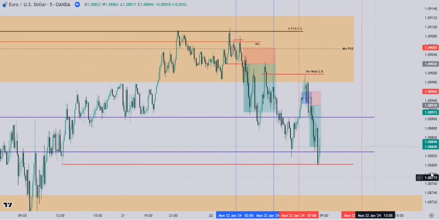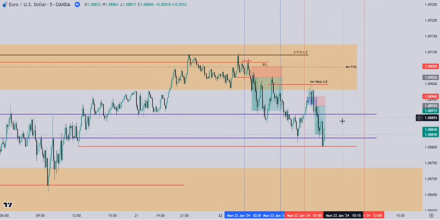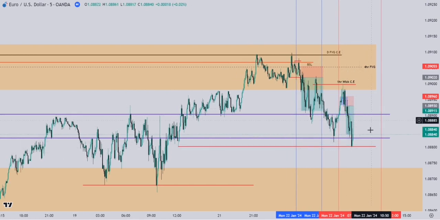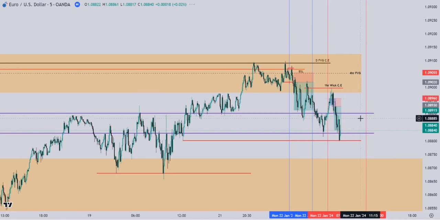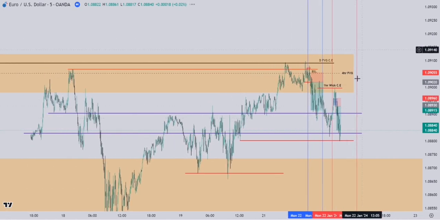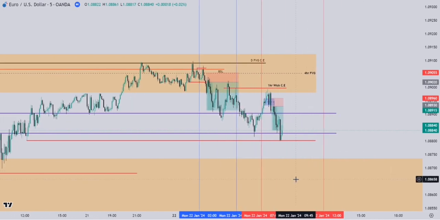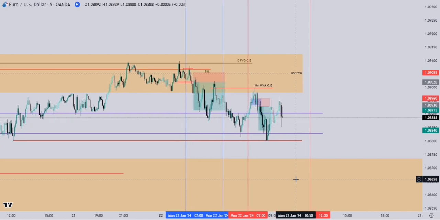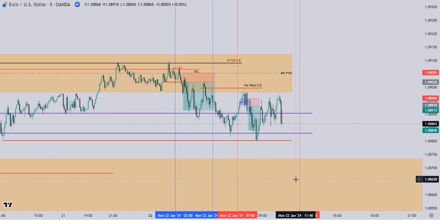So after tagging this liquidity and closing today's candle bearish around these levels, we might expect a bullish candle from this internal liquidity for tomorrow and the day after tomorrow, and we might play our bullish scenario on EURUSD. Now I played up to now, so you can see where the price is right now, and as we go to the closing of this daily candle.